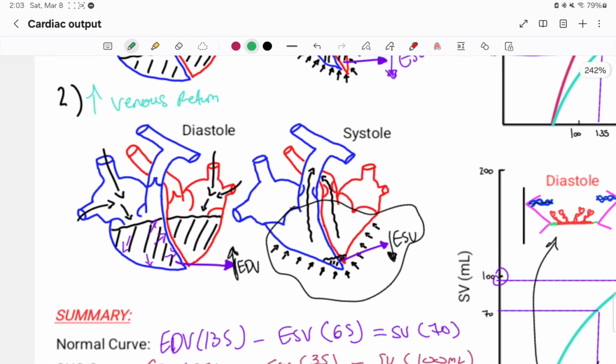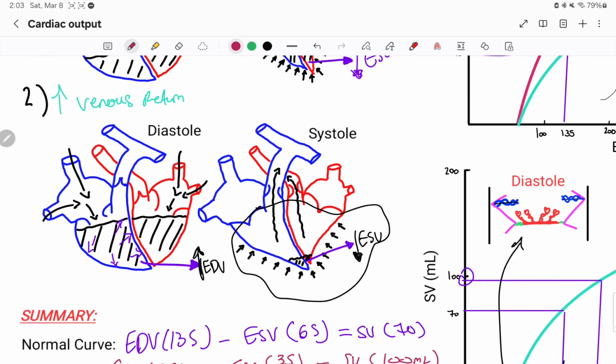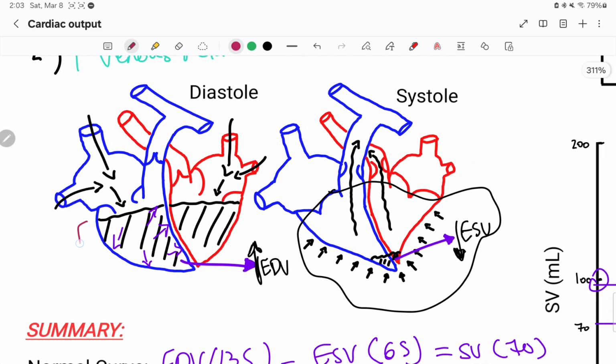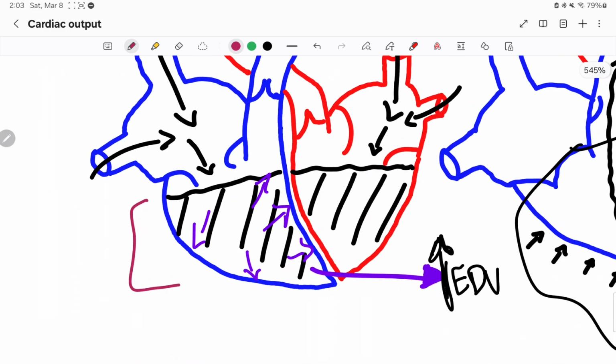One more thing I have to tell you, and we'll talk about this more when we talk about the circulatory system, is that the extent to which I actually fill the heart in the diastolic phase is called preload.